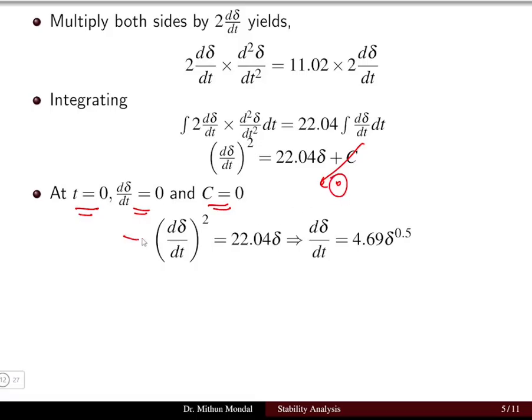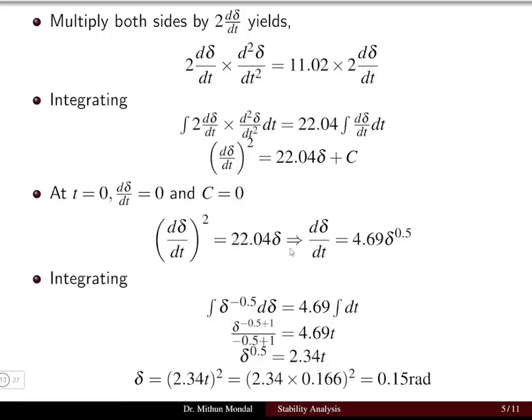It means that (d delta by dt) square is basically equal to 22.04 delta. Then we can again take the square root to find the value of d delta by dt. Now finally on integrating this, we get the value of delta, which is equal to 0.15 radian.